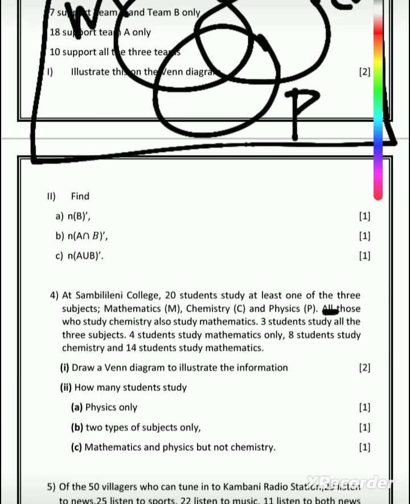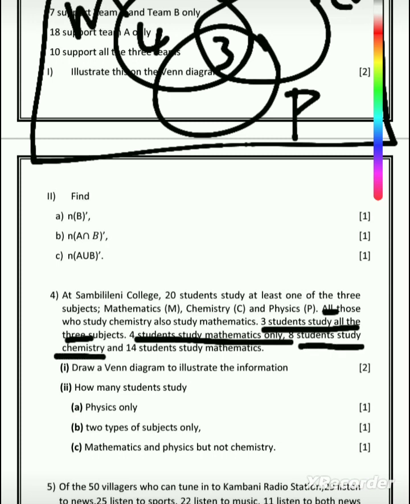So 3 students studied all the 3 subjects. So we have 3 here. 4 students study mathematics only. So there are 4 who are in just mathematics only. 8 students study chemistry. So in chemistry, there are 8. But remember, all those who are in chemistry are supposed to be in mathematics, which means these 8 we're supposed to put somewhere where mathematics is, here and here. But here there's already 3.